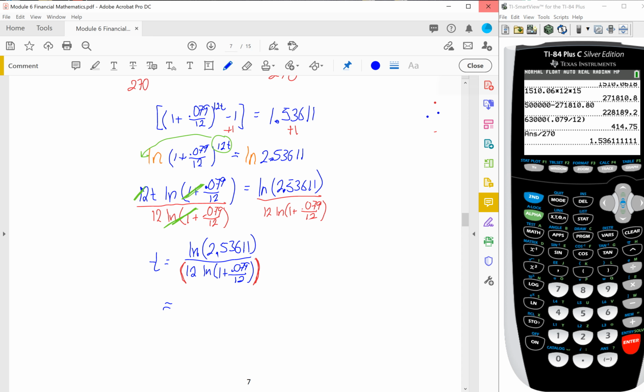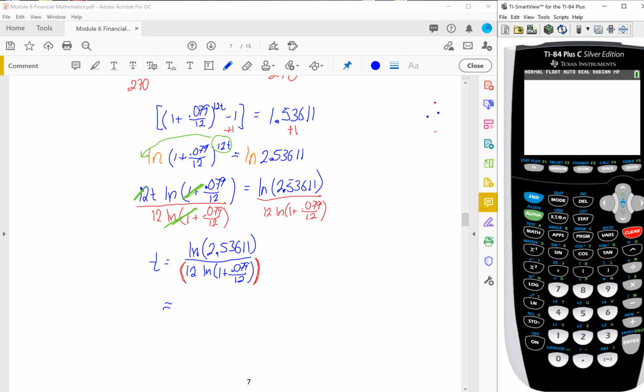So let's see what we get. So we have the natural log of 2.53611 divided by a parenthesis for my denominator. This would be 12 times the natural log of 1 plus 0.079 divided by 12.